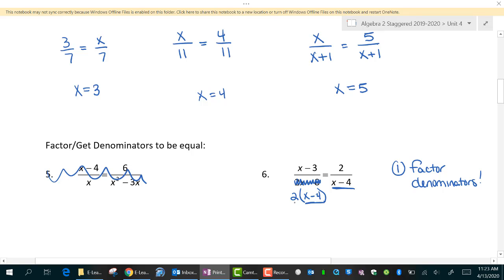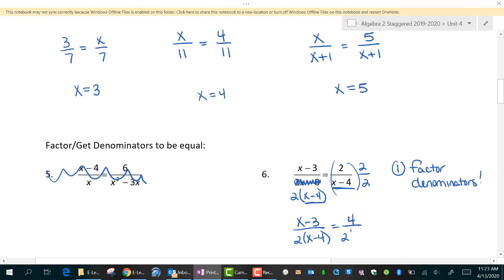But on the left-hand side, I also have this 2 that I'm missing on the right-hand side. So in order to take care of that, I'm going to multiply both numerator and denominator by 2. When I multiply that across, I get x minus 3 over 2 times x minus 4 equals 2 times 2, which is 4. And I'm just going to leave the denominator factored.